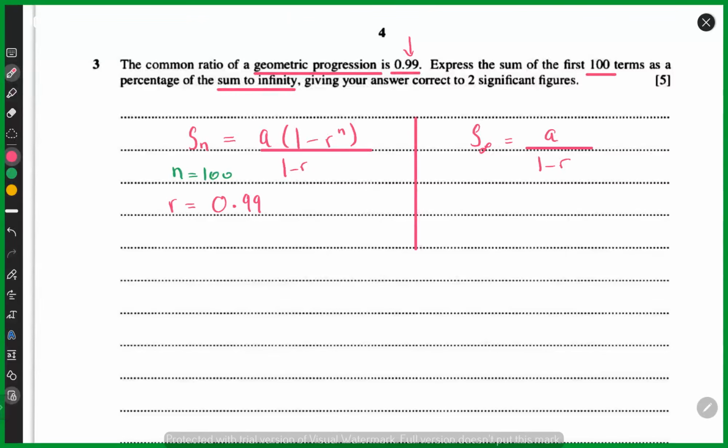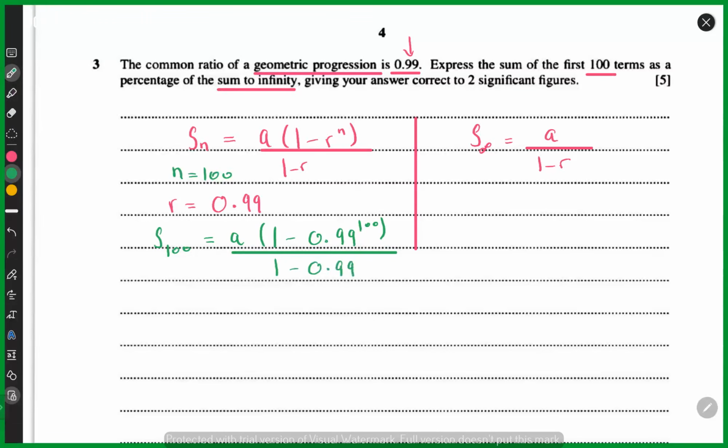So first of all, I am going to plug in the value. So S100 is going to be, A would come as A because we are not sure about A, 1 minus 0.99 to the power 100 divided by 1 minus 0.99.